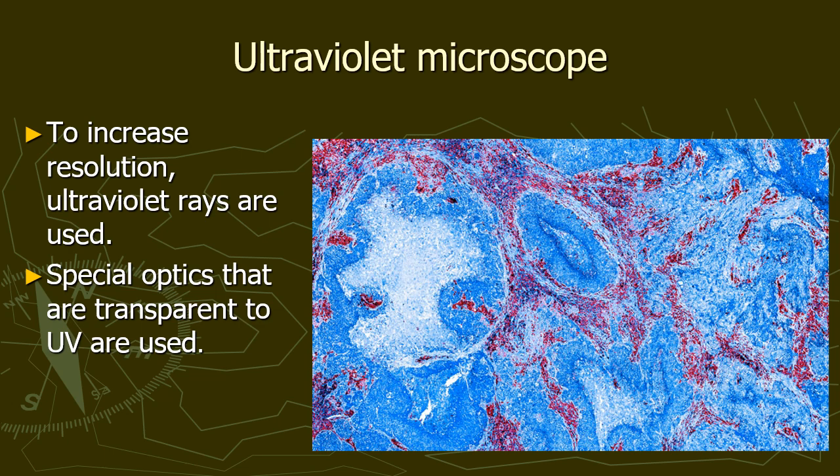The first proposals to create an ultraviolet microscope were made at the beginning of the 20th century. And then on the basis of this idea that it is possible to reduce the wavelength, the development of the electron microscope took place. We have an ultraviolet microscope that can work at wavelengths from 180 to 400 nanometers.